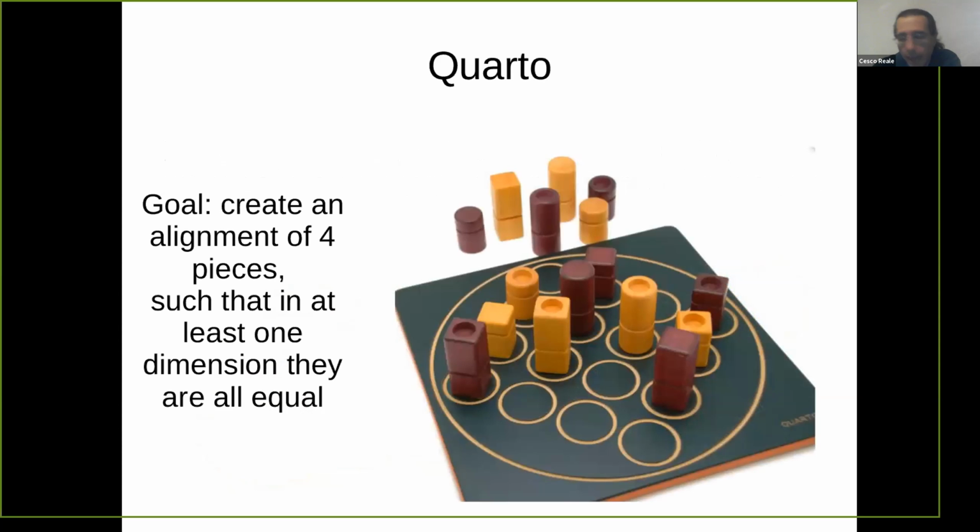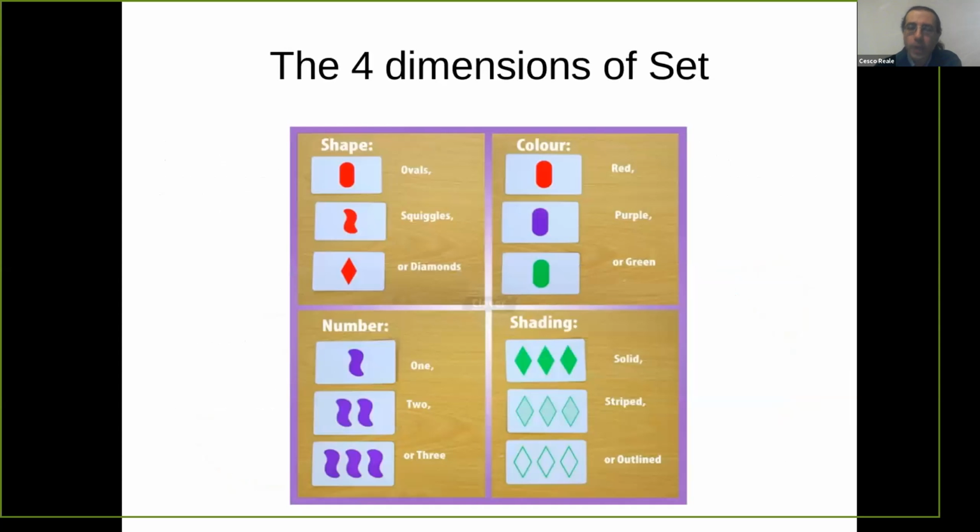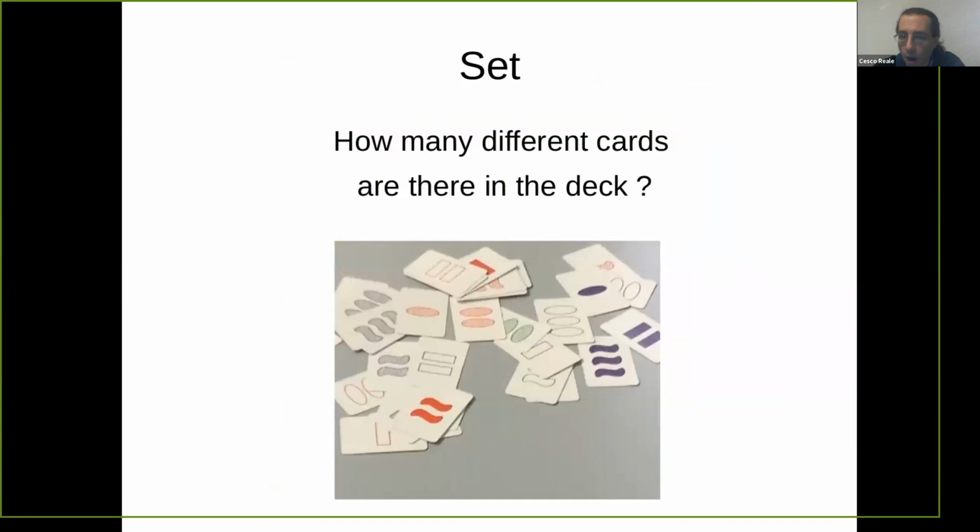And of course, there is also more mathematics going on. But we can do a parallelism with the 4 dimensions of another game that is Set. In Set, you have also 4 dimensions: shape, color, number, and shading. But in this case, you have 3 states for each dimension. And so how many different cards are there in the deck?